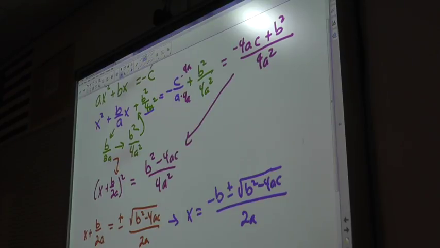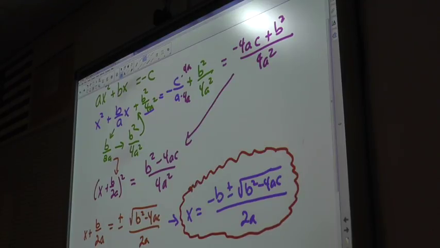This doesn't even get a circle, it gets a cloud. The quadratic formula.